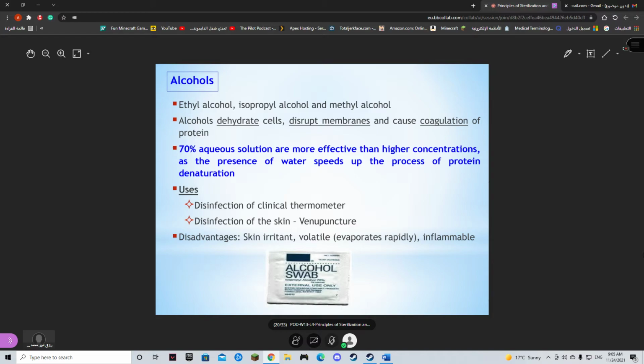We used to clean our thermometer, and the patient, when you puncture. Your patient is coming for the CBC, a normal blood test, maybe some cholesterol or triglyceride or something else. So the technician will draw the blood from the skin. They apply the alcohol over there, wiping it.